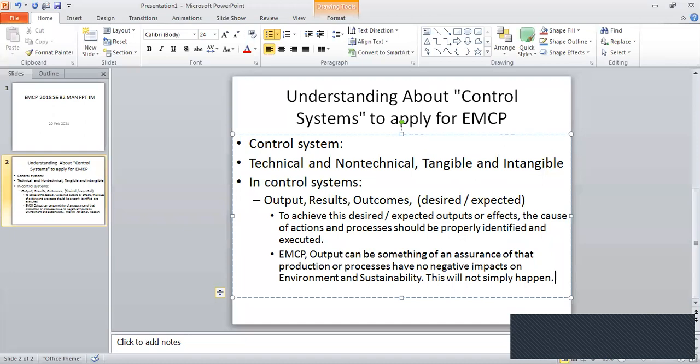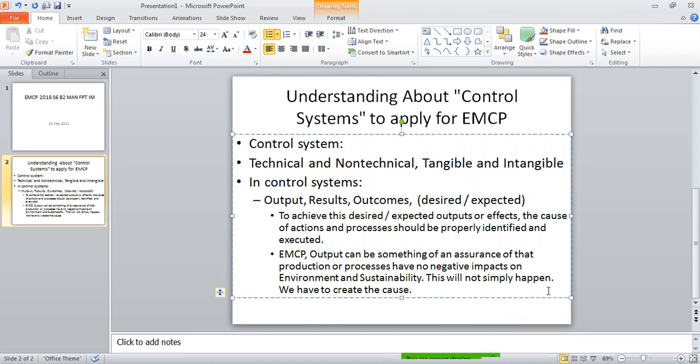So this will not simply happen. We have to create the cause for this. Hetu sadhaka, cause for this. Once you create the right cause to achieve the desired effect, means actually we are controlling the effect with upfront arrangement of activities and all. Okay, so it's the cause and effect principle. It's a universal principle. Okay, it's a way of controlling output.